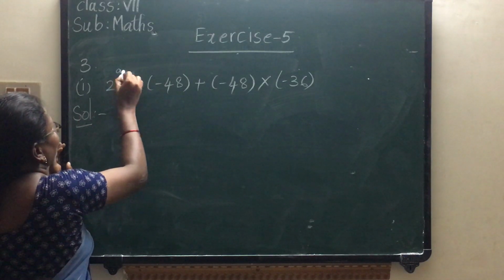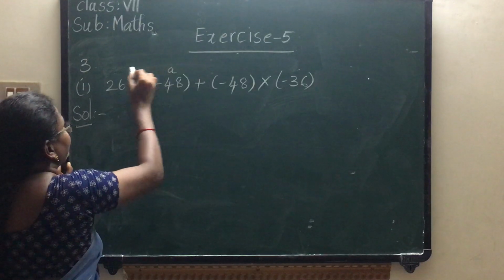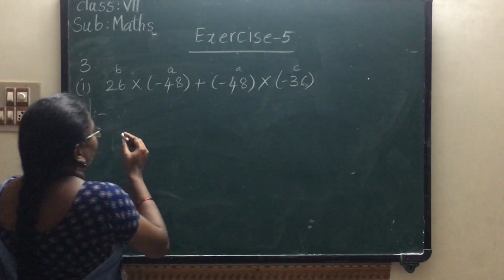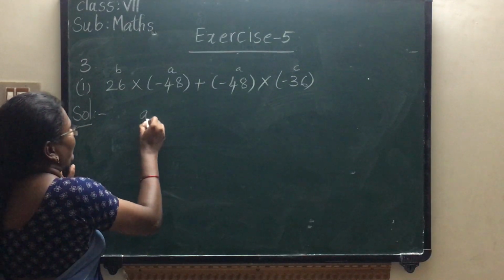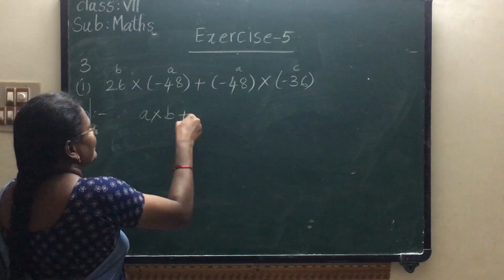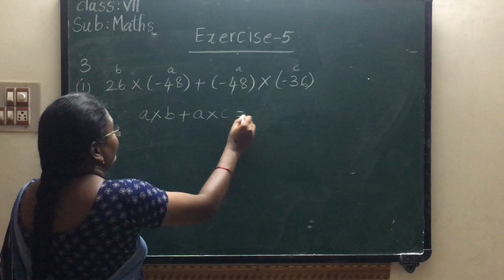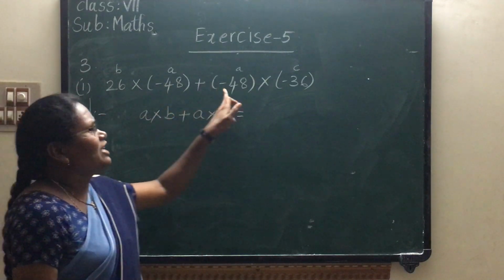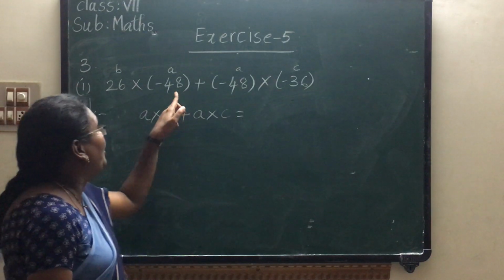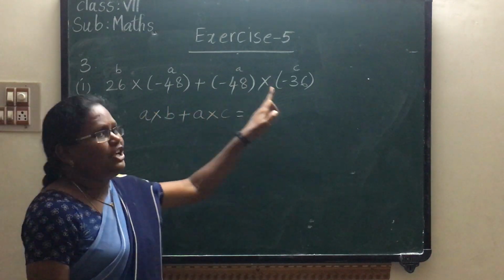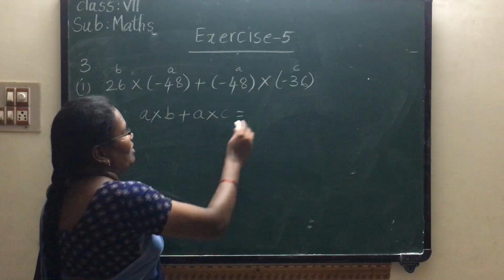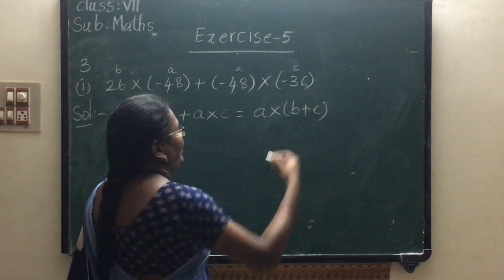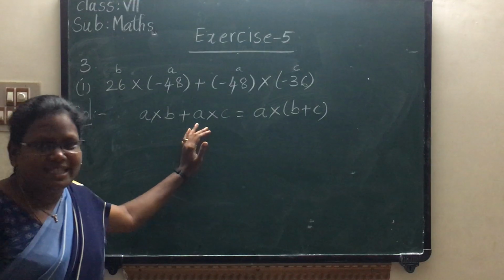See here, this is A, this is A, this is B, this is A, this is C. I am writing the formula now: A into B plus A into C. Is it correct or not? We are writing this formula as A into B plus C. Which property is this?